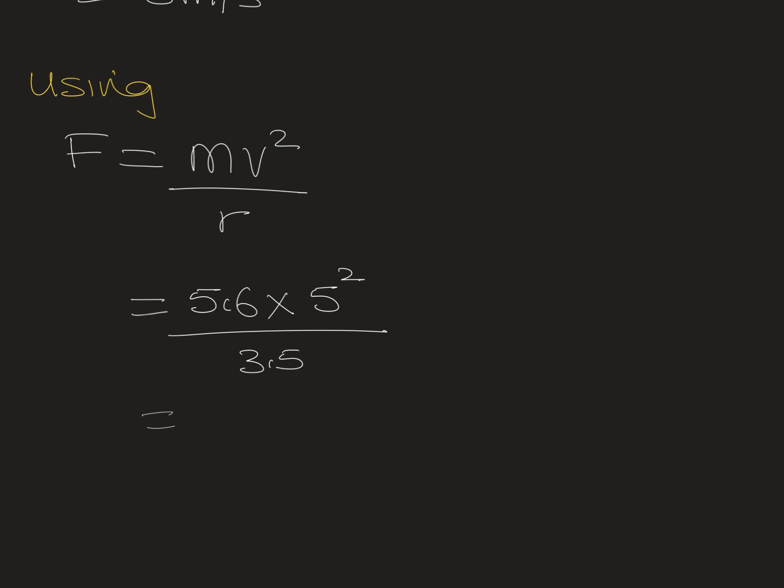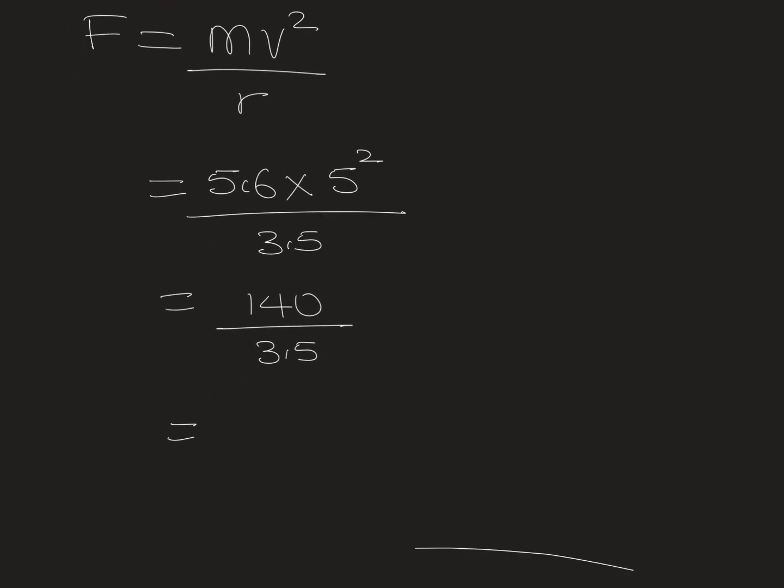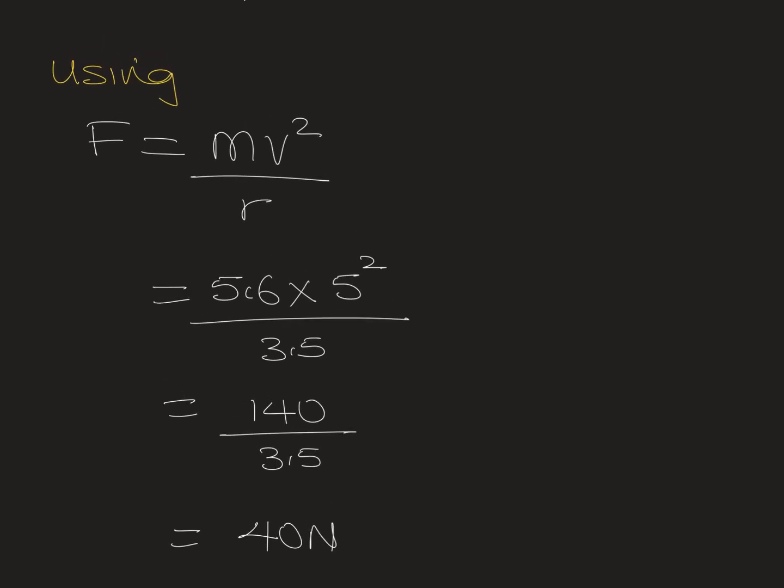So 5.6 times 5 squared is 140, divided by 3.5. You will have 40 newtons as your answer.